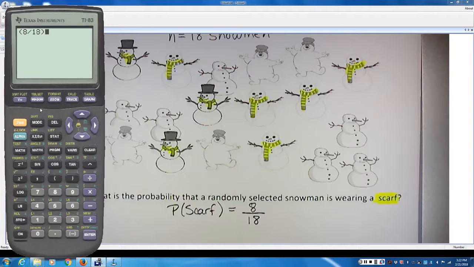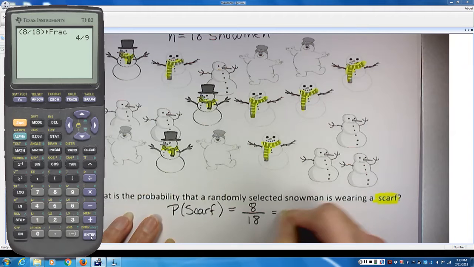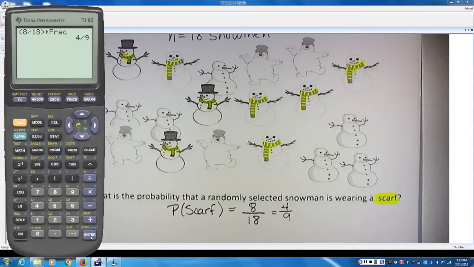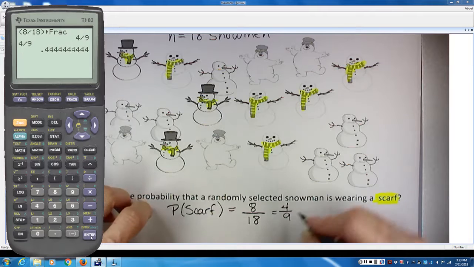And then in order to change it to a reduced fraction, you press the math button and the enter button to change it into a fraction, and it'll change it to a reduced fraction. So this is an acceptable answer. And this is an acceptable answer.